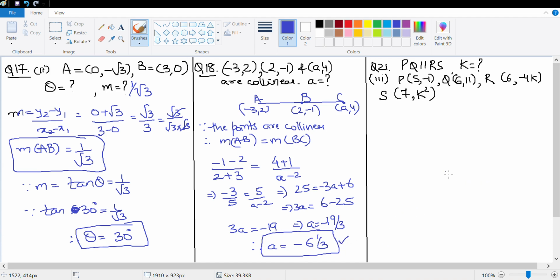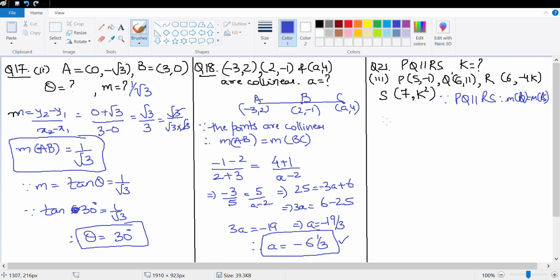Let's look at the last question of this exercise. It says, find the values of K so that PQ will be parallel to RS. Right? So we need to find the value of K so that PQ is parallel to RS. Since PQ is parallel to RS, therefore slope of PQ is equal to slope of RS. Let's calculate them separately.